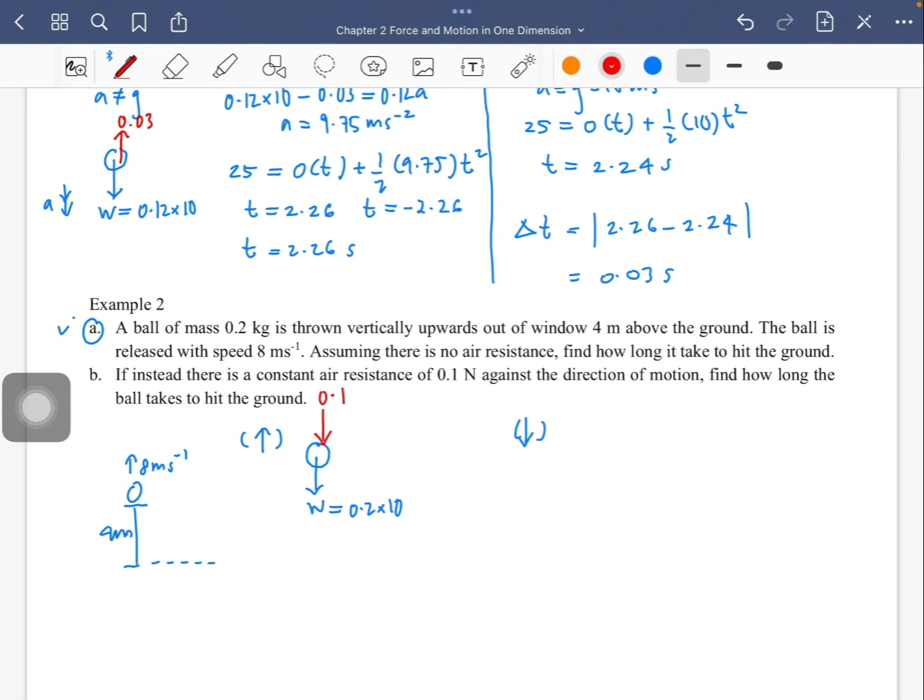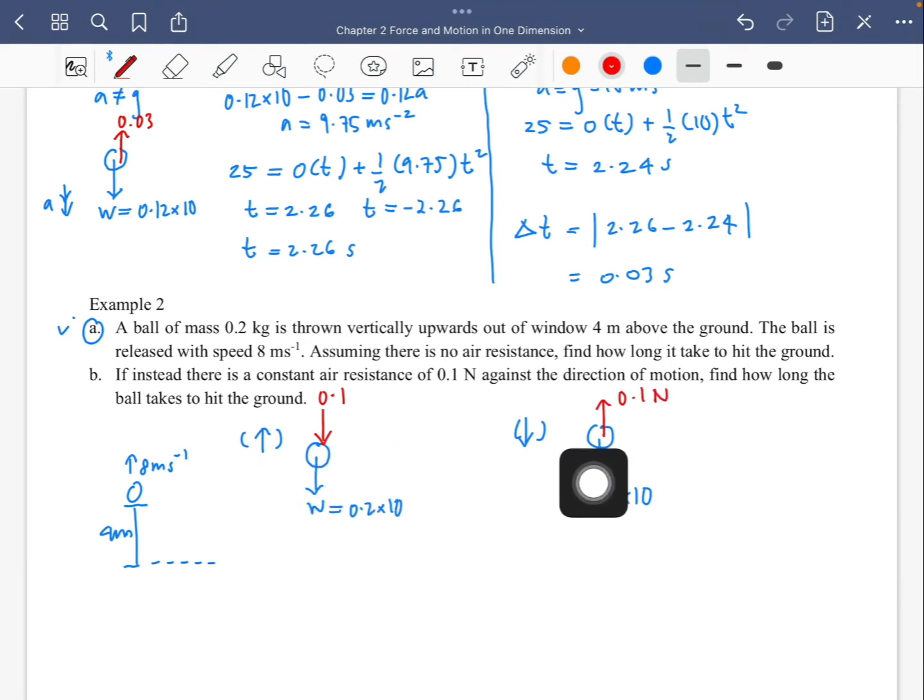For the case of going down, what forces are involved? Let's see. Weight is always vertically downward. It is equal to 0.2 multiplied by 10. Since the object is moving downward, air resistance will act upward with a value of 0.1 Newton.